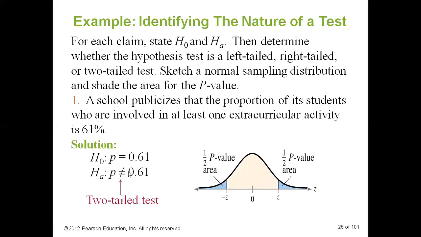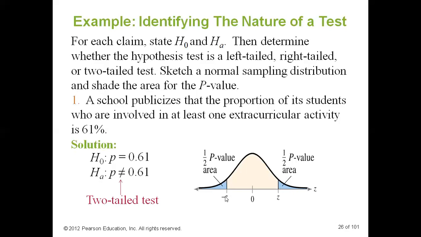In a two-tailed test, the left side is half of p and the right side is half of p. The total rejection area is p.